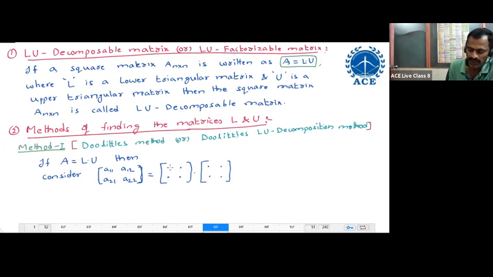According to the definition of a lower triangular matrix, all the elements above the diagonal should be zeros. According to an upper triangular matrix, all the elements below the diagonal should be zeros. Right?